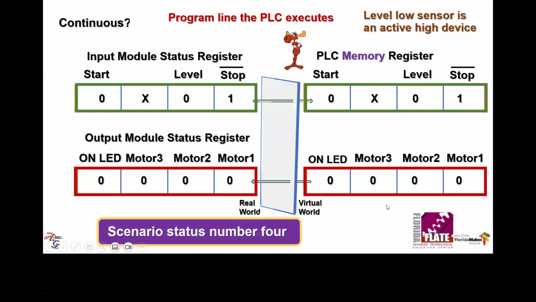All right, status number 4. I don't remember what it is, but maybe you do, but I don't have to worry about it because it's right here. Status number 4. And what is it? The stop button is active or passive? Hopefully you're popping right in with passive. The start button is active or passive?